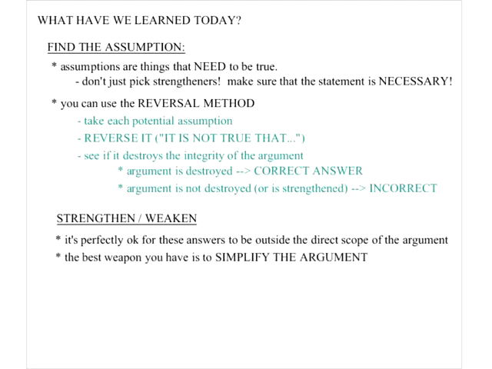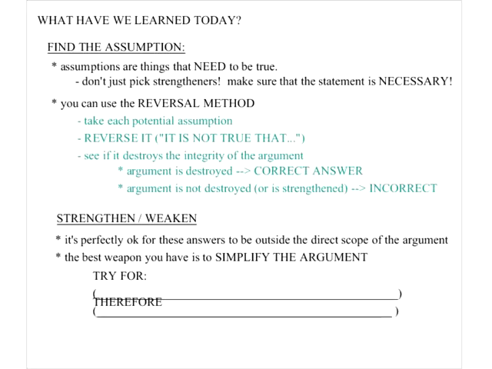When you do that, try for one line, therefore one line. And then only apply the choices to your simplified argument.